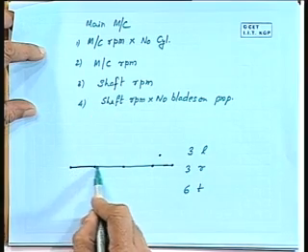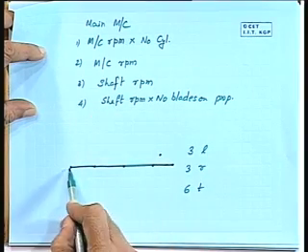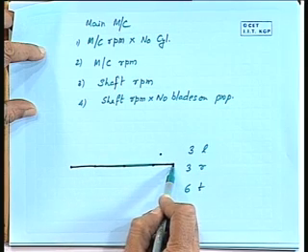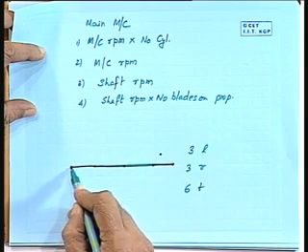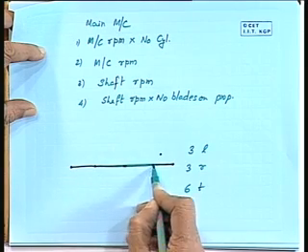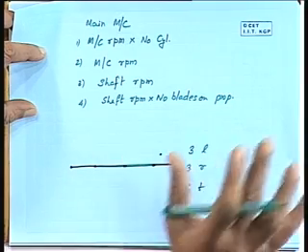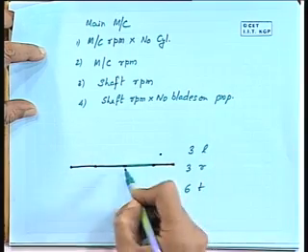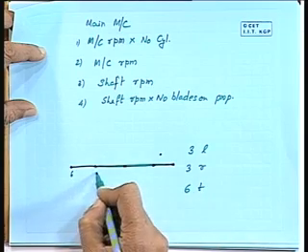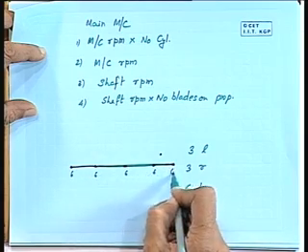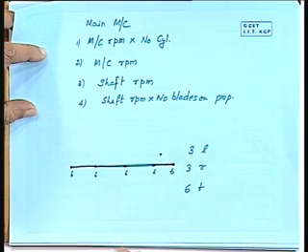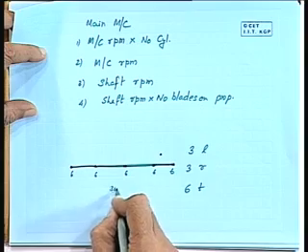So, this line which represents the beam is now replaced by this series of points, where we assume that all the geometrical and other properties are concentrated, and each point contains 6 degrees of freedom here. So, if we are having say 5 points here, again total 30 degrees of freedom.